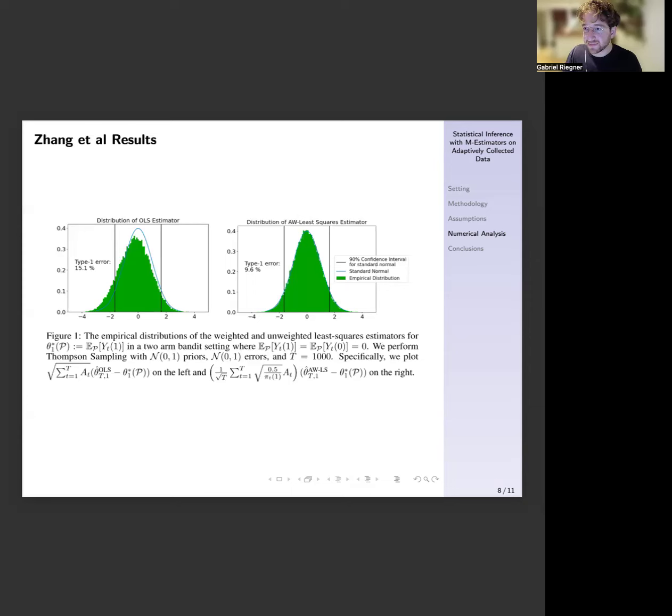And this confirms the validity of the confidence regions that are derived from this distribution. So this visual comparison clearly demonstrates the improvement from using adaptive weights for statistical inference. And in this case, they're using a special type of adaptive sampling called Thompson sampling, and this is what is used to generate the regression data.